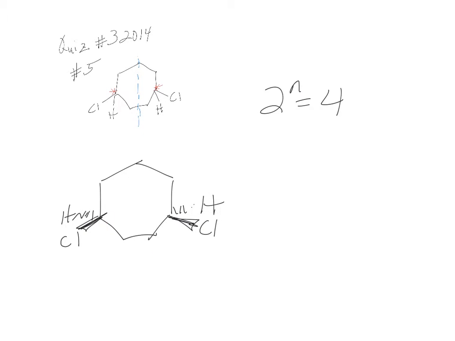Even though it has chiral centers, the molecule's chirality is not always predicated on whether or not it has chiral centers. So this molecule is achiral, and it's not just achiral, it's achiral and it's meso. Now what that means is, what if I drew this same molecule with the hashes?